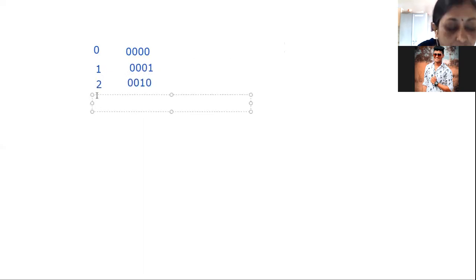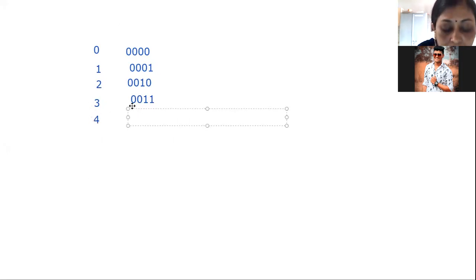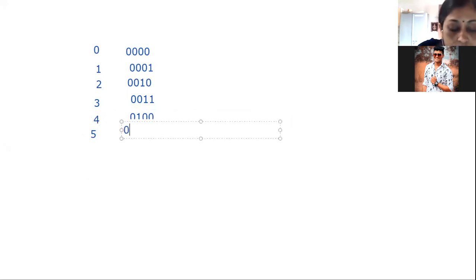Similarly, for 3, you have to write 0011. For 4, we should write 0100. Then for 5, you must write 0101.